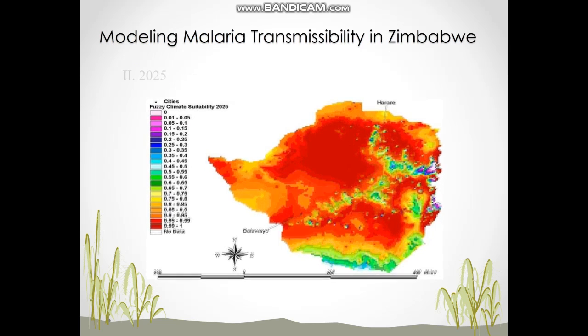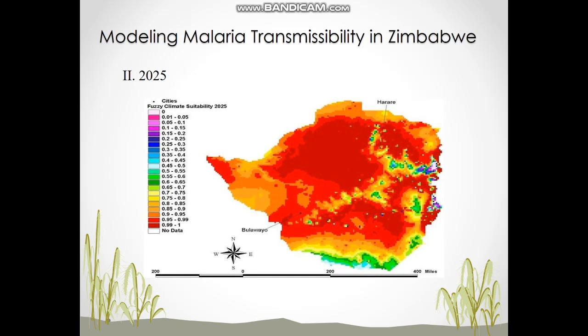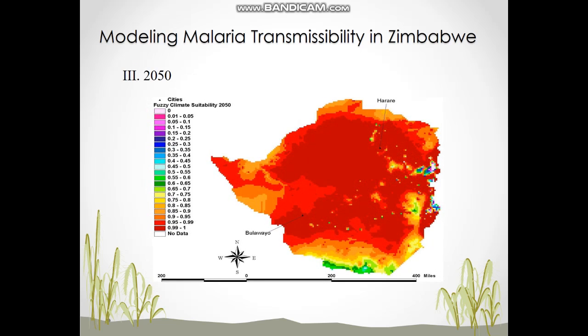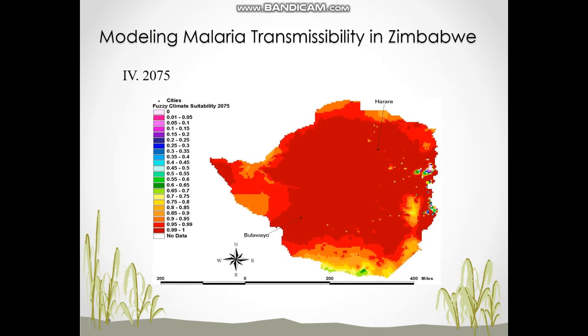But according to model prediction, the red area in the year 2025 expanded to the southern and eastern parts of Zimbabwe. In 2050, even larger areas are suitable for malaria transmission. And finally, in 2075, almost the entire country except for the southernmost parts is suitable for malaria transmission.